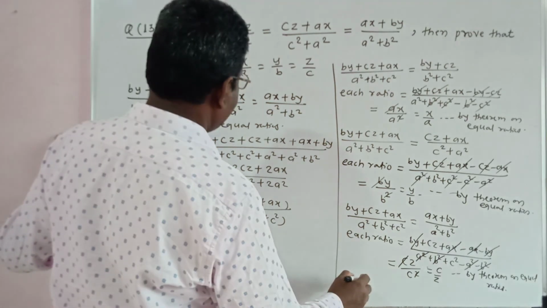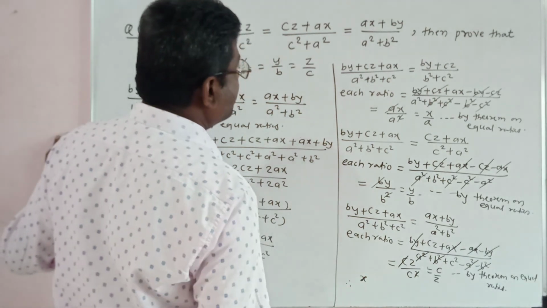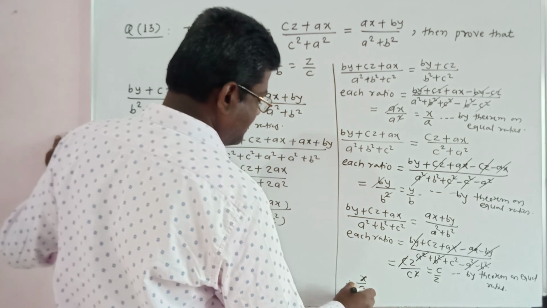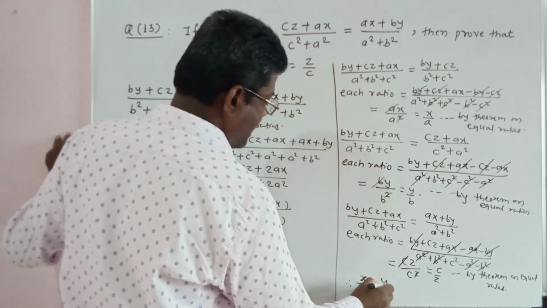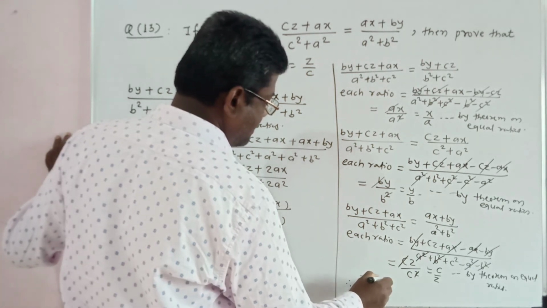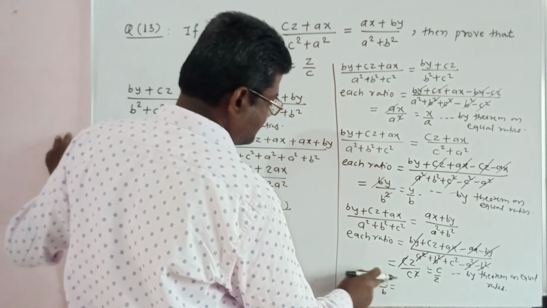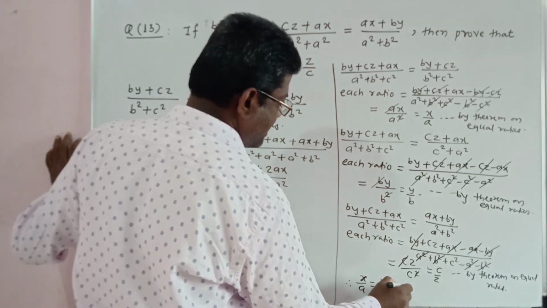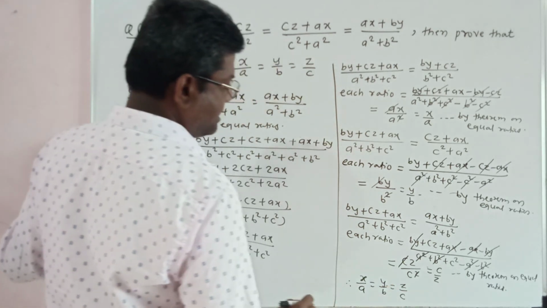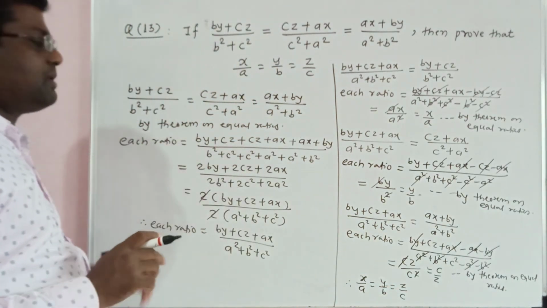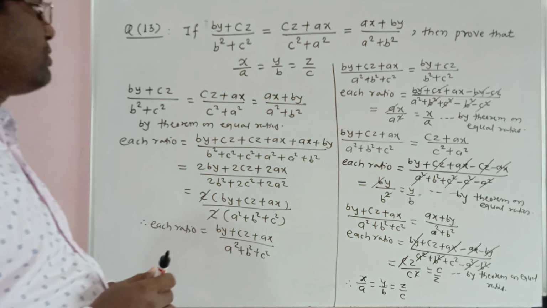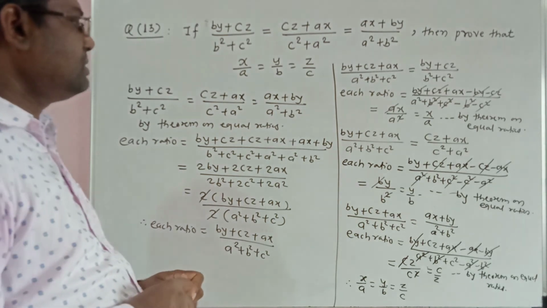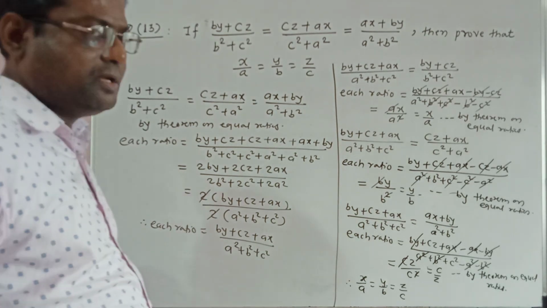Therefore we can write x upon a is equal to y upon b, y upon b is equal to z upon c. Each ratio is equal: x upon a is equal to y upon b is equal to z upon c is proved.